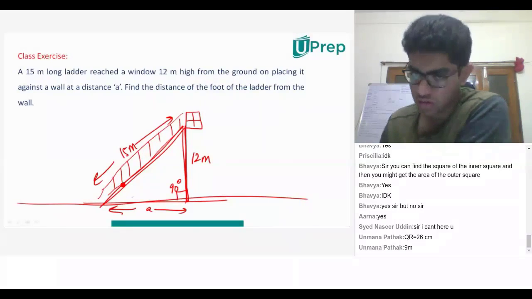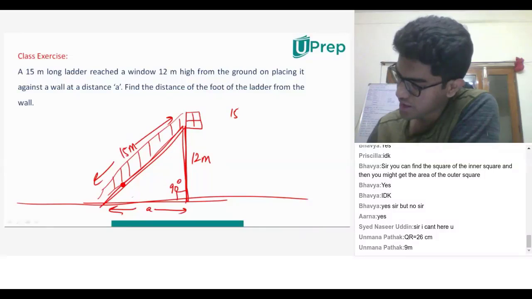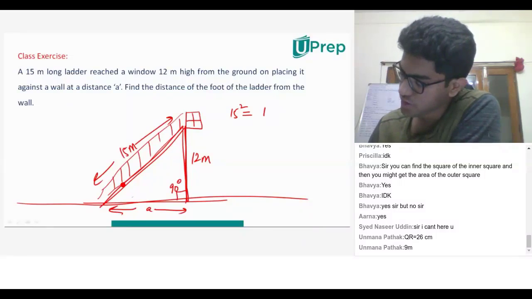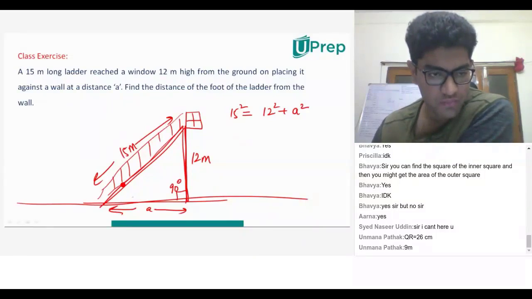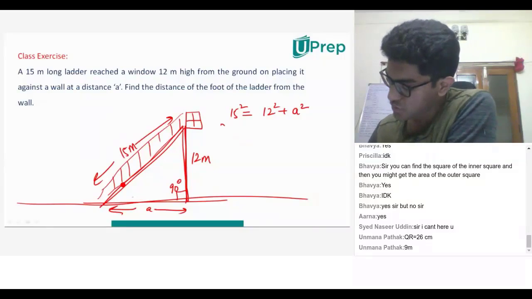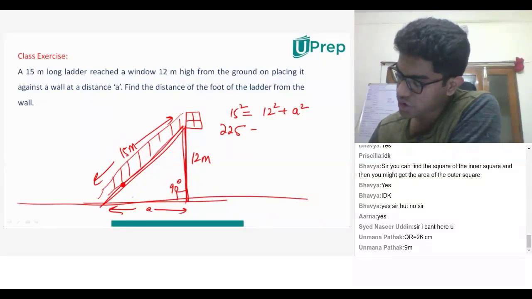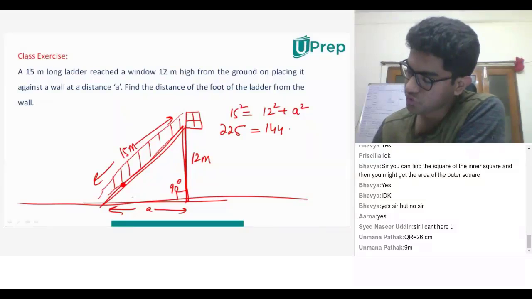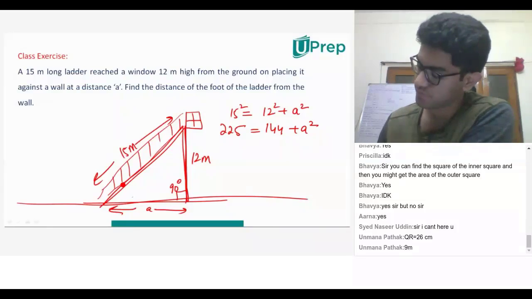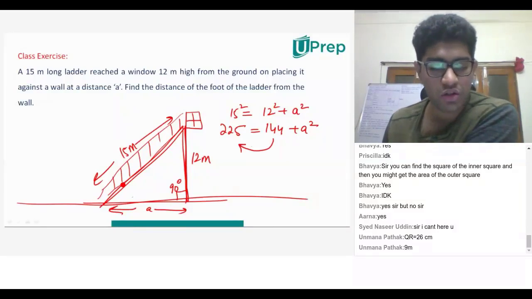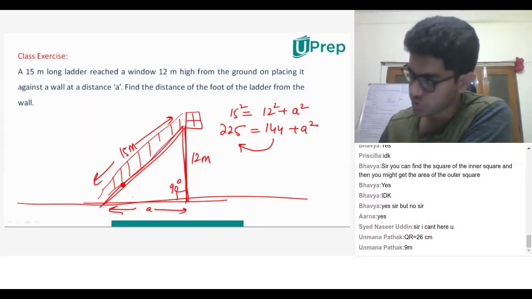What was the Pythagoras theorem? 15 square is equal to 12 square plus A square. Yes or no? 15 square is 225. 12 square is 144 plus A square. I don't like you here. I want to isolate it. I will send you there.